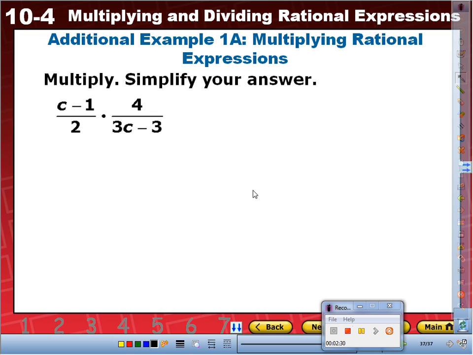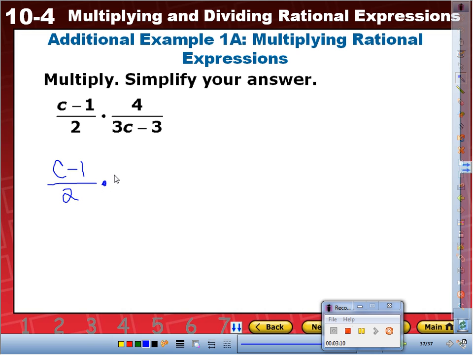Here we go. Step 1 says simplify first. That means factor the numerator and denominator for each fraction. I'm going to look at this fraction. Can I factor the numerator? No. So I just leave it as c minus 1 over. Can I factor the 2? No. Can I simplify this anymore? No, it stays the same.